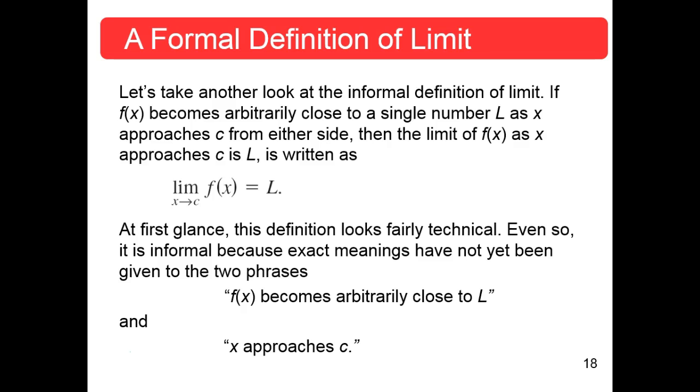Let's take another look at the informal definition of a limit. As f of x becomes arbitrarily close to a single number L, that's the function, the y value goes close to some number L, as x approaches some value C from either side, then the limit of f of x as x approaches C is L, okay?